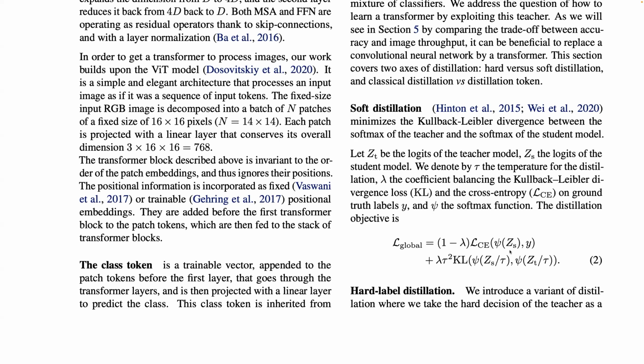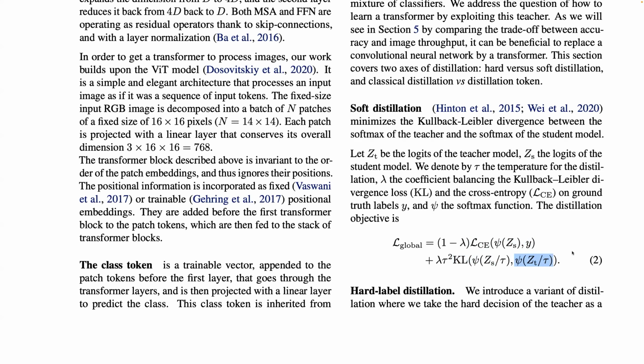And if we want to do the distillation only with the class token, first we compare the prediction of the class token, which is the softmax, with the true ground truth label using a cross entropy loss. And also we add a KL divergence that basically enforces the network to learn the same distribution for the logits as the teacher.